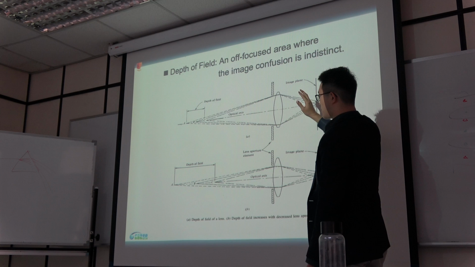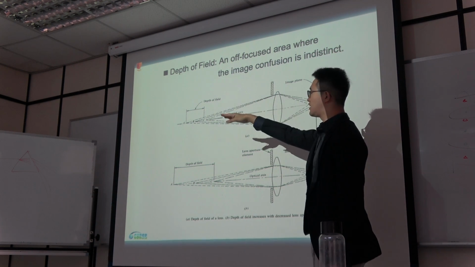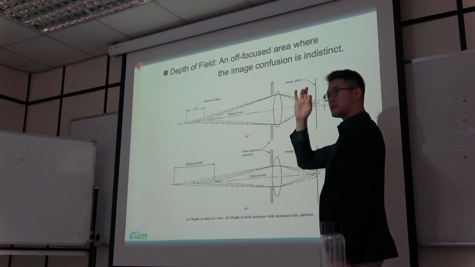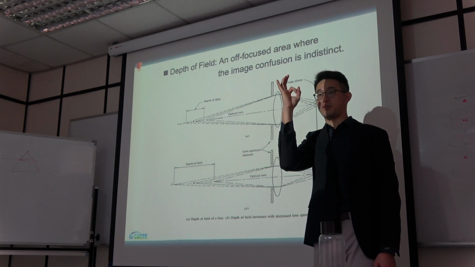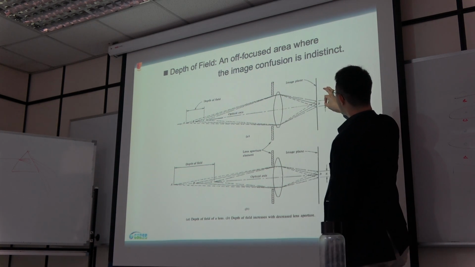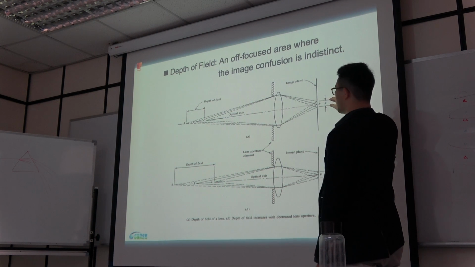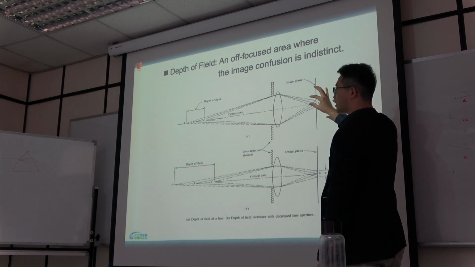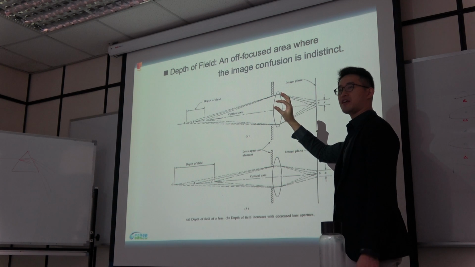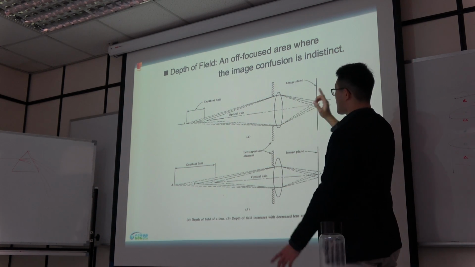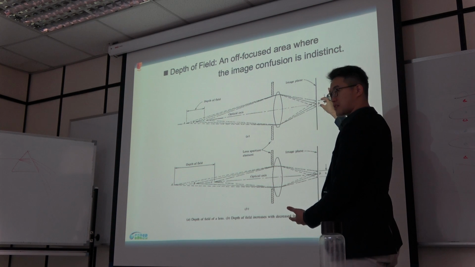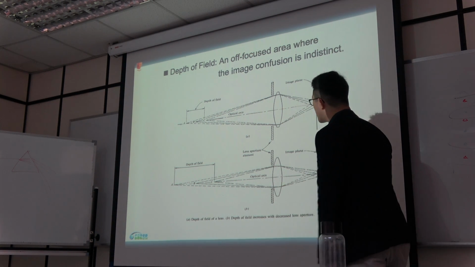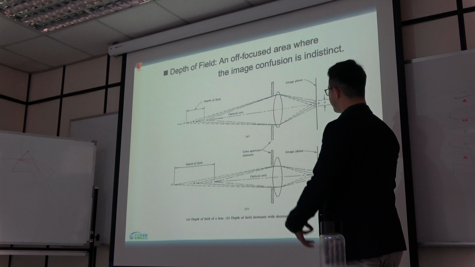It doesn't matter whether it moves toward A or toward C, the point becomes larger and larger. Once it is larger than the circle of confusion, you will think it is blurred, not clear. So the depth of field is defined by this.